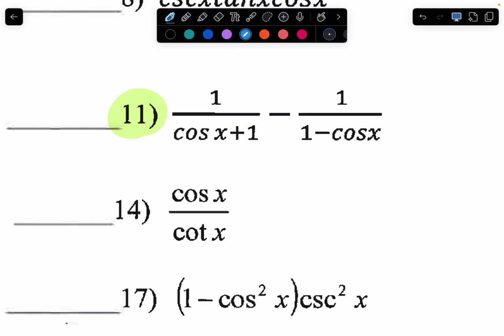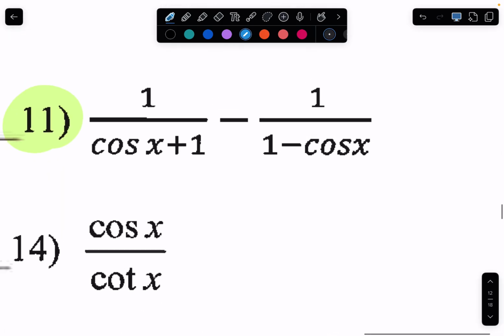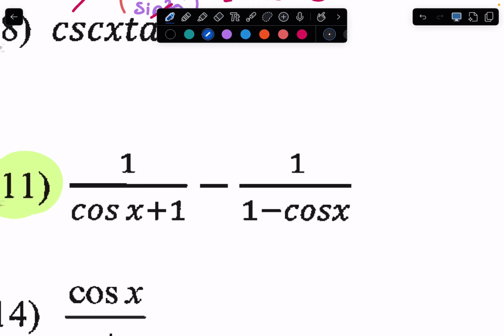Okay? So this, once again, I have two fractions that I'm adding together, and they don't have the same denominator, okay? So what's my least common denominator? I'm going to go to my first denominator and write it.